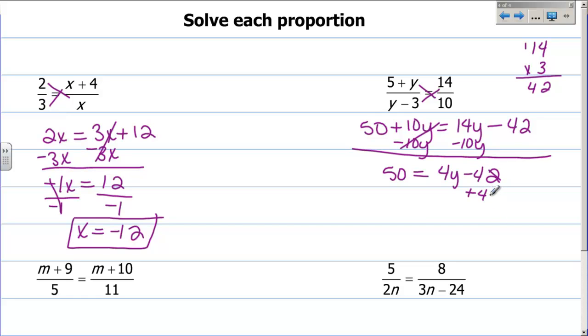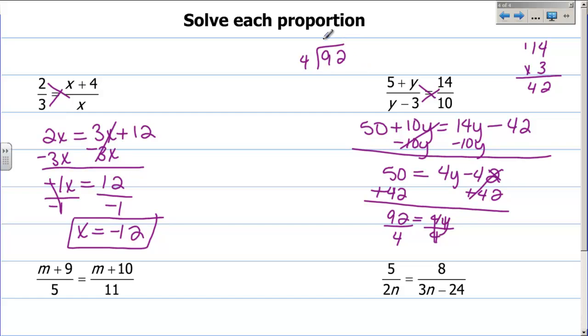Then if I add 42, it cancels over here, and I add 42 over here to the 50, so I get 92 equals 4y, and so I will divide by 4. So 92 divided by 4, 4 goes into 9 2 times, that's 8. 4 goes into 12 3 times, so y equals 23.